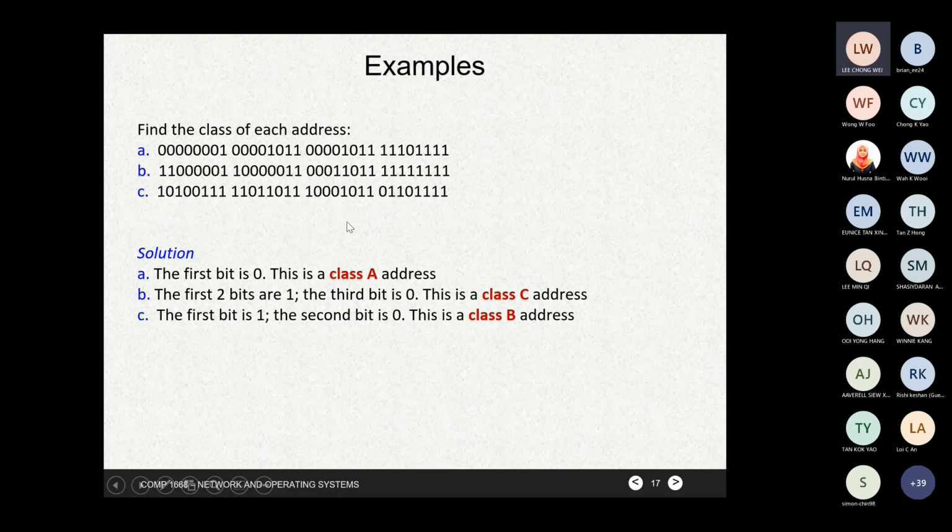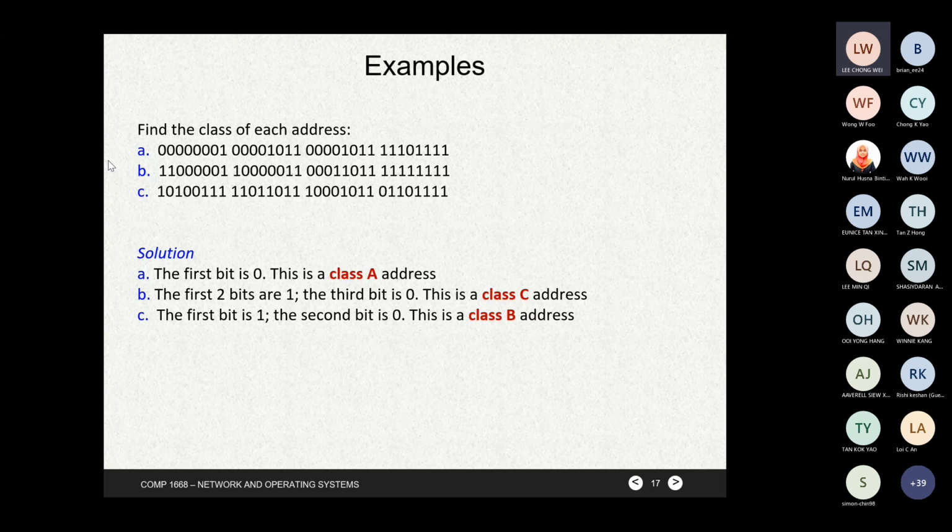And then the first 2 bits are 1 over here, and the third bit is 0. So this is a class C address. And then the next one, the first bit is 1 and the next bit is 0. That is class B. This is the easy way to identify which class they belong to.